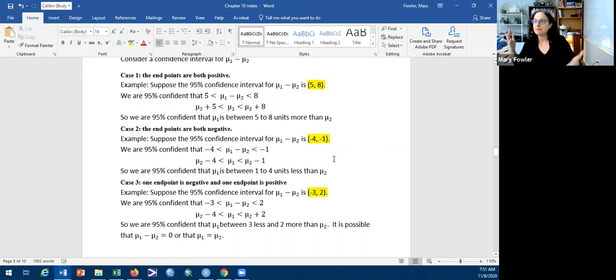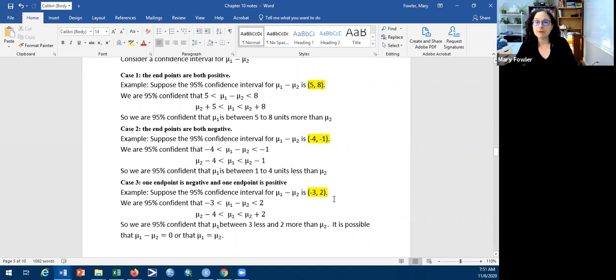And we can add mu2 to all 3 parts of that expression, and we get that we are 95% confident that mu2 minus 4 is less than mu1 is less than mu2 minus 1. And so we are 95% confident that mu1 is between 1 and 4 units less than mu2, so we think that mu1 is less than mu2. Up here, we were able to determine that mu1 is likely greater than mu2, okay?